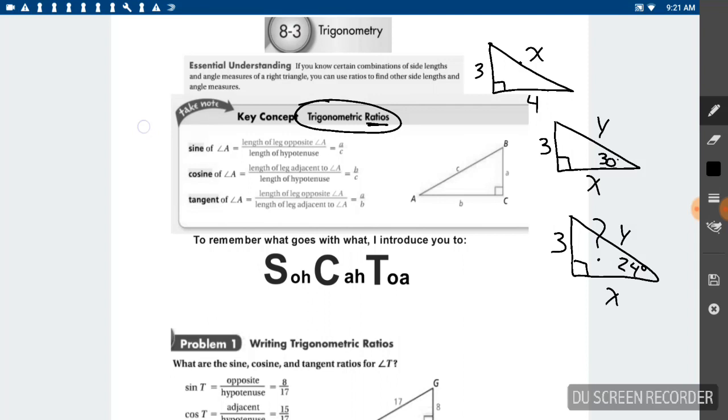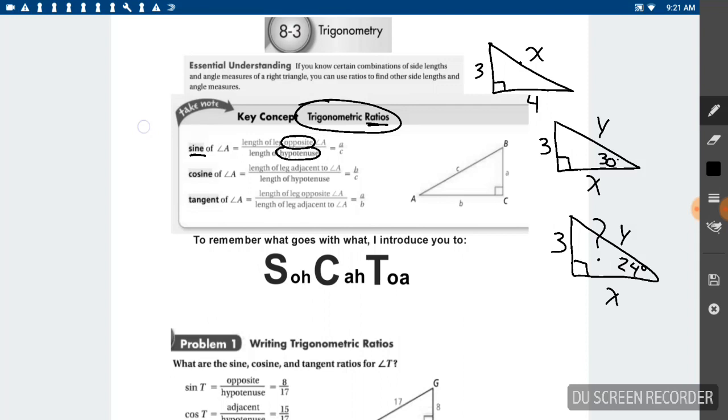So for instance, the first one, which we refer to as sine, and hopefully your trig teacher will show you how these words originated, where they come from, things like that. We're just using them basically in a geometry class. So the sine of an angle refers to the opposite side for the angle compared to the hypotenuse. So we're comparing those two things.